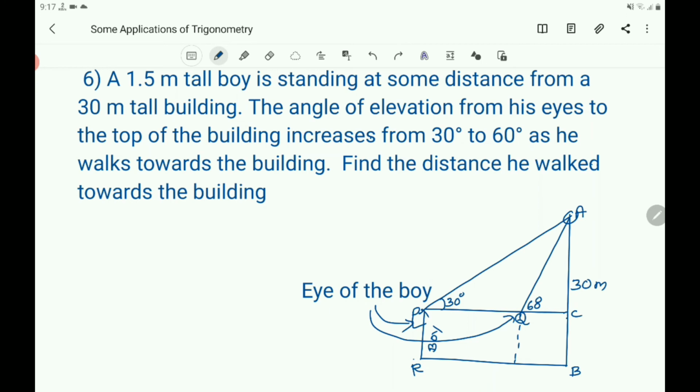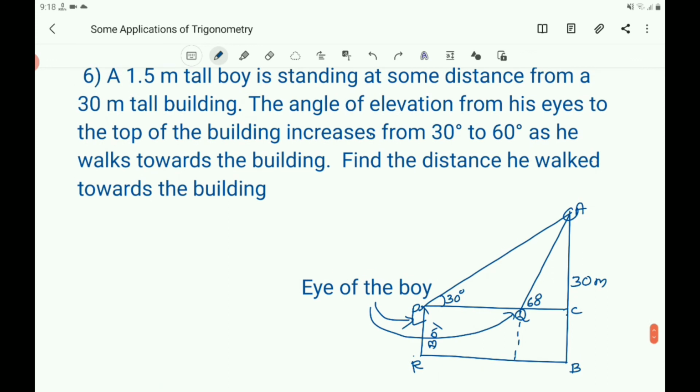When he walks towards the building, he reaches a point Q. At point P, the angle of elevation was 30 degree. When he walks towards Q and reaches Q, then the angle of elevation is 60 degree. And here we have to find the distance walked by him, that is the distance PQ.